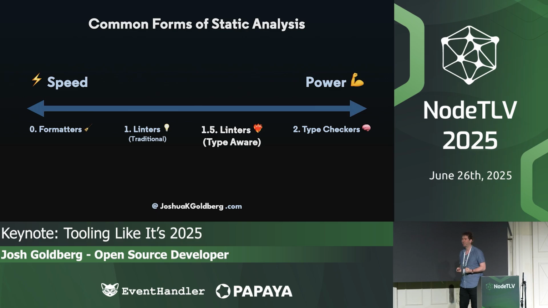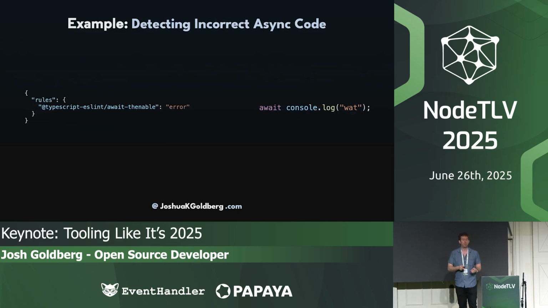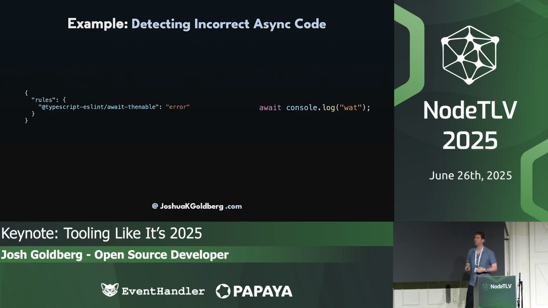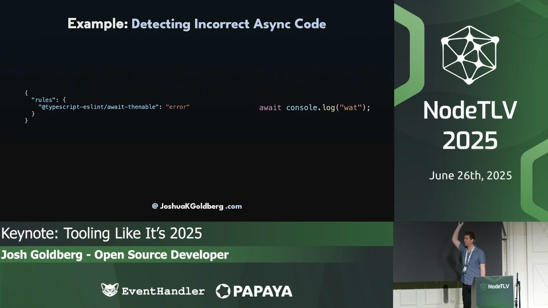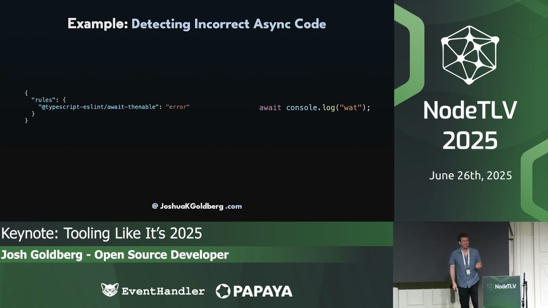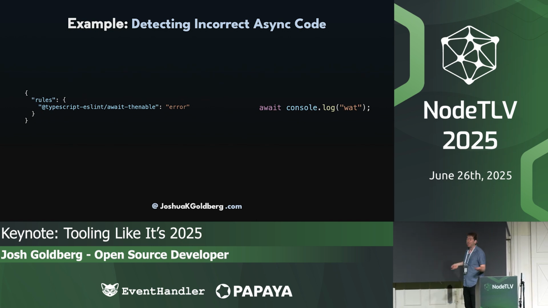And I'm very excited to show you some examples of why that's useful. For example, this very applicable, approachable, I'm sure many of us have written await console.log before, right? I guess not. This is an example. But the idea it shows, I think, is really interesting.